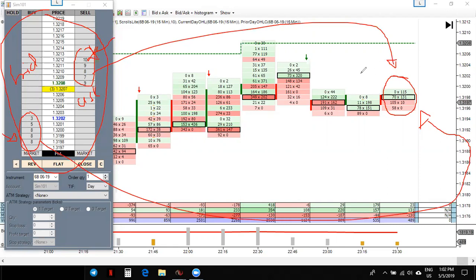Sometimes, for example, we have 320 lots over here traded on the ask, because on the footprint we have the bid on the left and the ask on the right. If we have 320 lots, then price failed to go upside, and we just see it traded only 2 price points higher, with buyers losing interest.